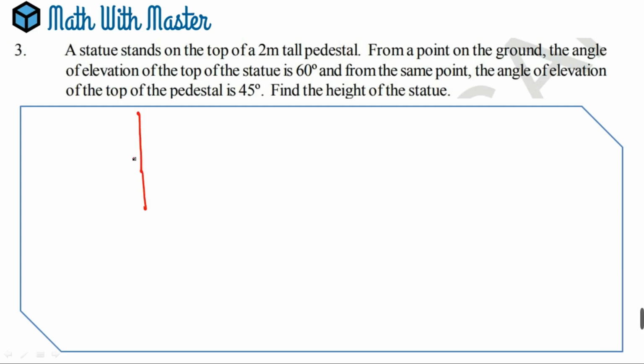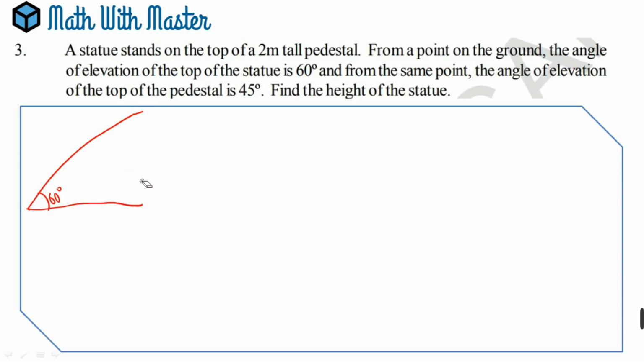From a point on the ground, the angle of elevation to the top of the statue is what? 60 degrees. This is 60 degrees. And the angle of elevation of the top of the pedestal is 45 degrees.